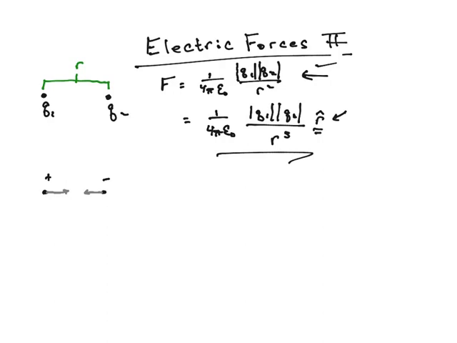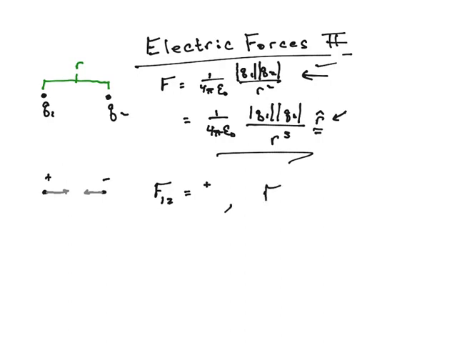So if I'm going to write down the force on 1 because of charge 2, I know that force has to be positive because the force is pulling Q1 towards Q2, and that means it's moving to the right.